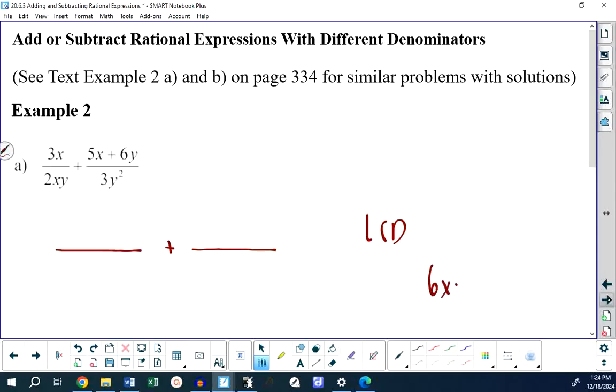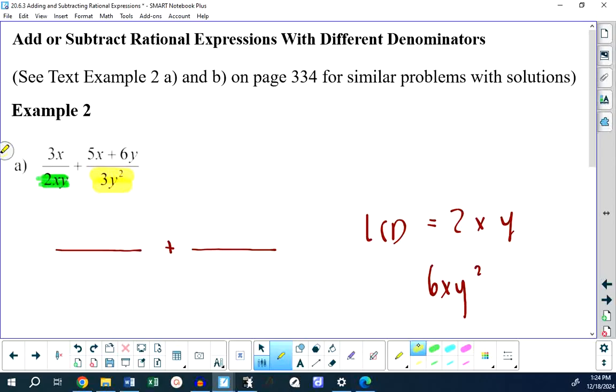And the reason is the lowest common denominator must contain all of these factors. So it has to contain a 2, an x, and a y. It also has to contain these factors.